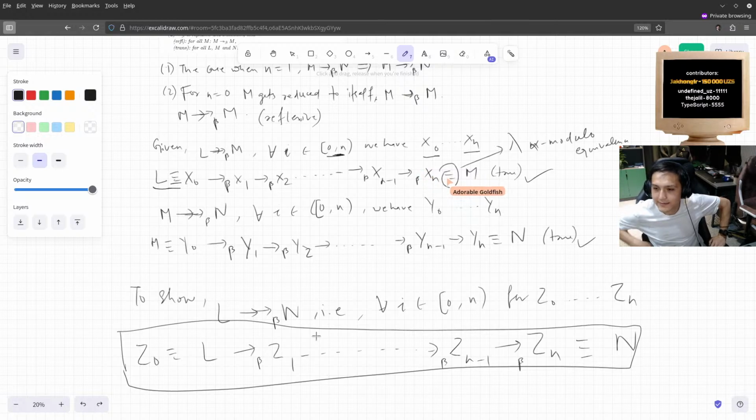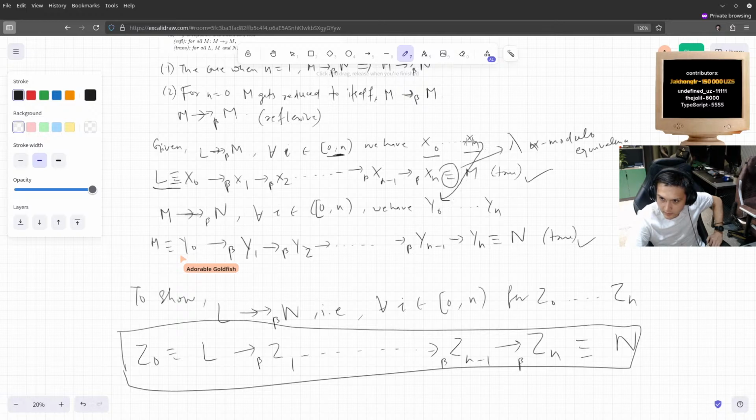So if xn is syntactically equal to M, and in the next statement M is syntactically equivalent to y0, then xn is syntactically equivalent to y0. So we chain the xn with y0, and we get a snake that comes from here to here and gives us N.